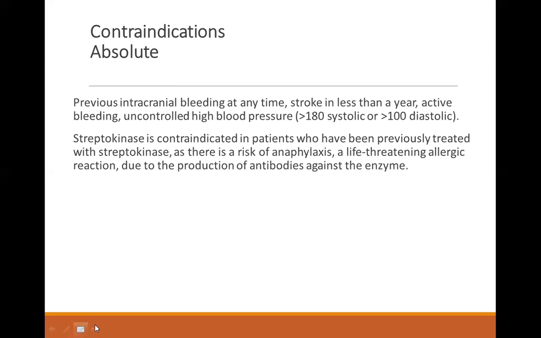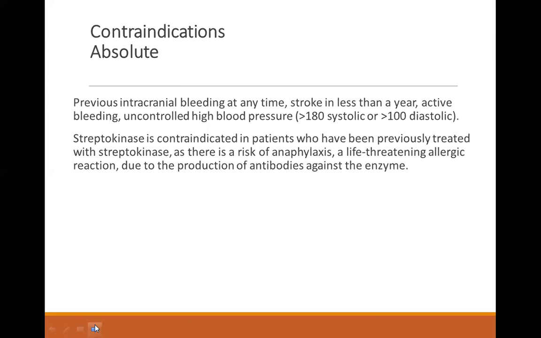Here you can see the contraindications: previous intracranial bleeding at any time, stroke in less than a year, active bleeding, uncontrolled high blood pressure. So we are not giving streptokinase.